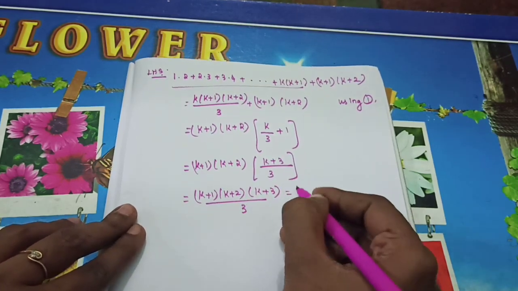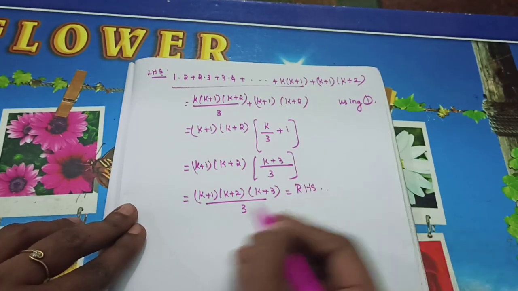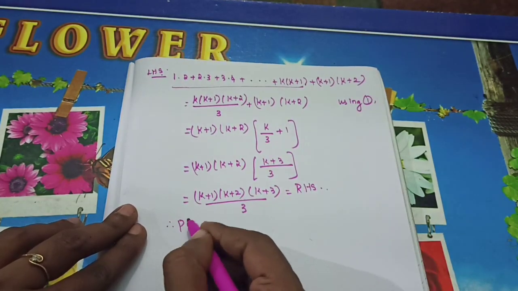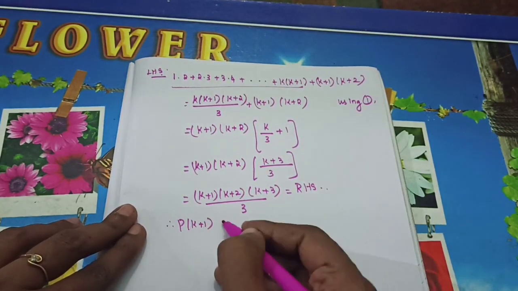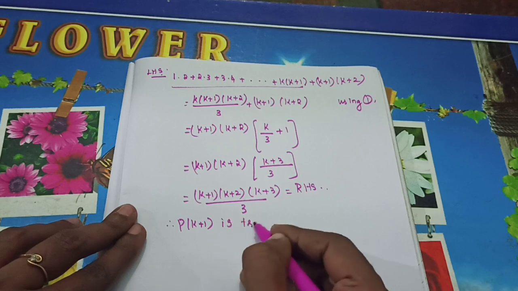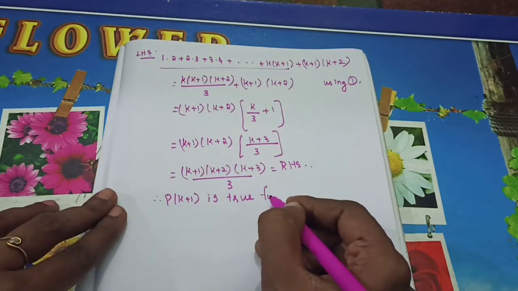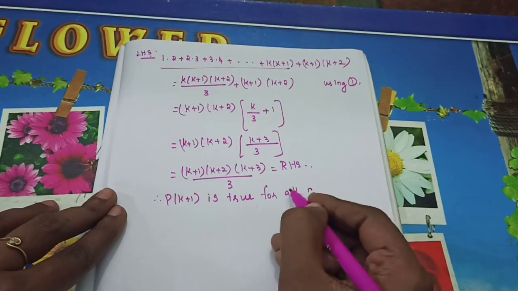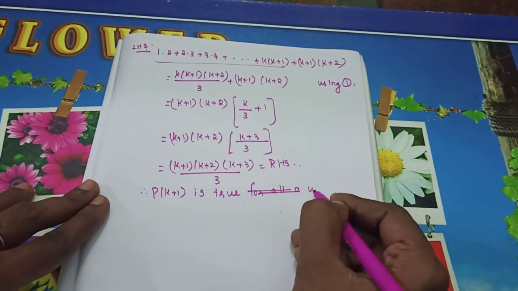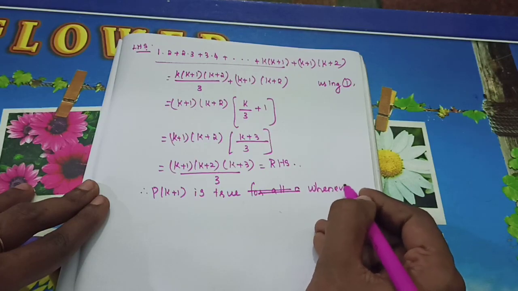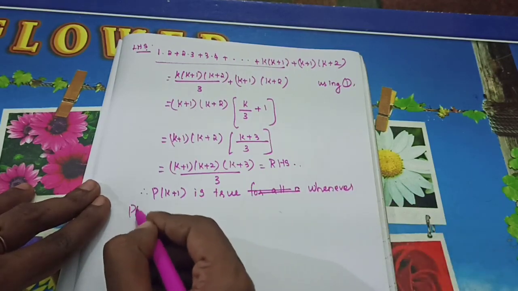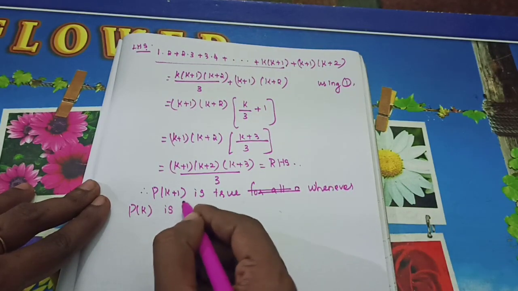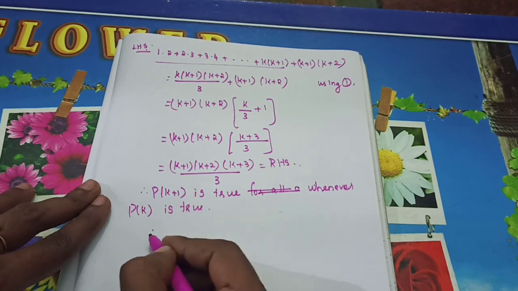Is it the RHS? Yes or no? Yes. Therefore, we will say P of k plus 1 is true whenever P of k is true.